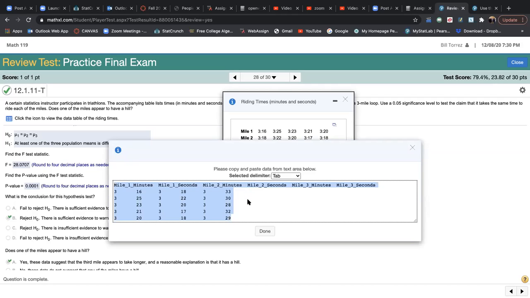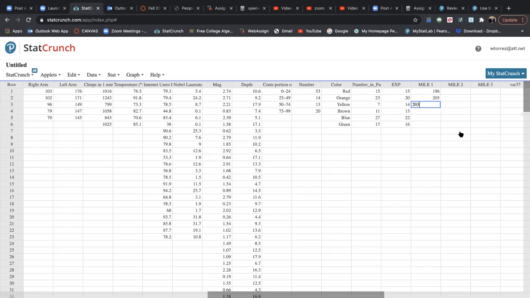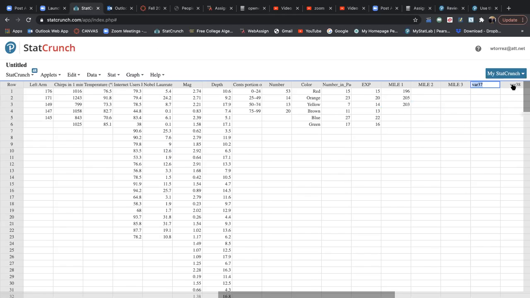Yeah, it looks like it's creating different columns for the minutes and the seconds. Well, let's just give it a shot and see what it looks like. Otherwise, we'll move forward with the seconds there. Okay, so Command C, and then let's attempt to put it up here.